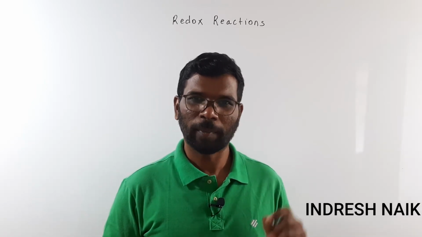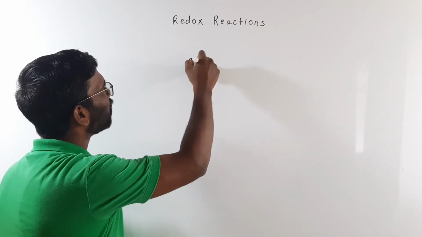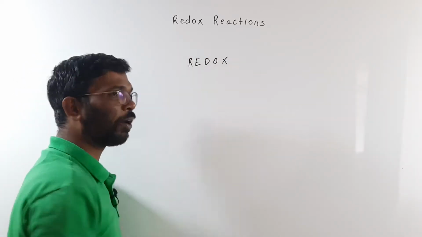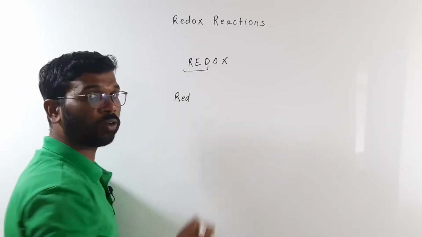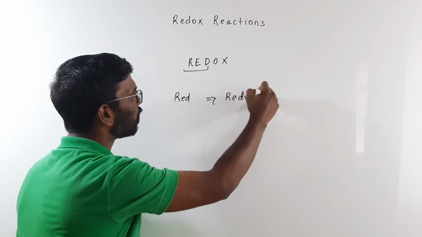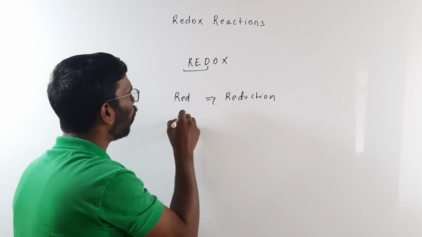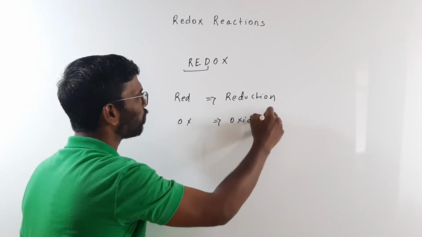First, I will break this word. What does redox mean? Redox is very simple. RED of the redox stands for reduction, and OX stands for oxidation.